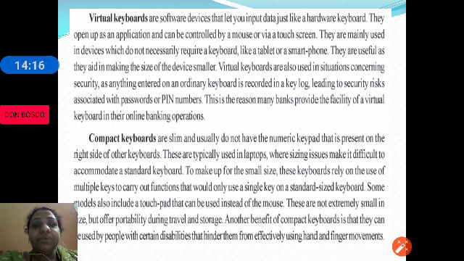In a smartphone, whenever you try to type a message, there will be a list of keys coming up on the screen. Physically you don't find those keys, but those keys appear as soon as you press the message button. That is, the virtual keyboard is given by the message application. If you don't open the message application, those keys will not come.